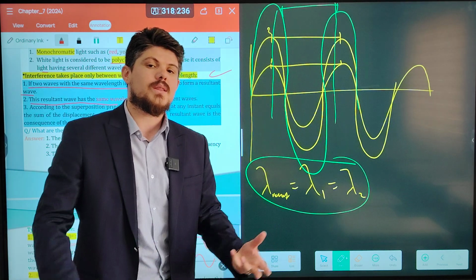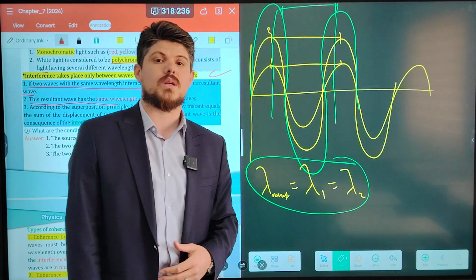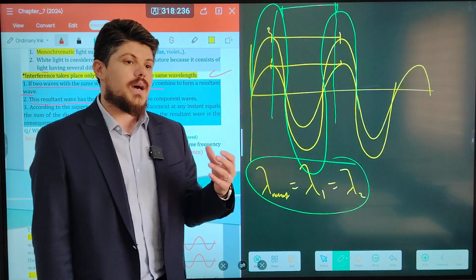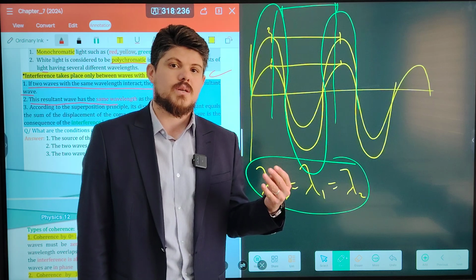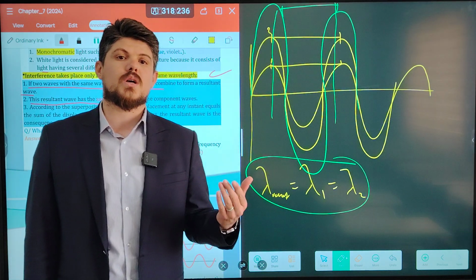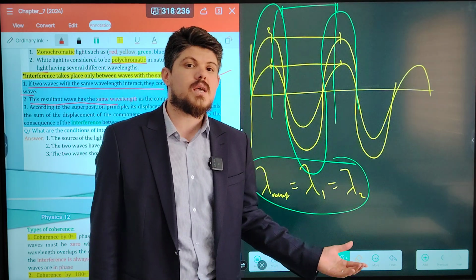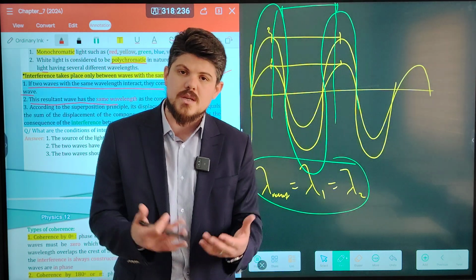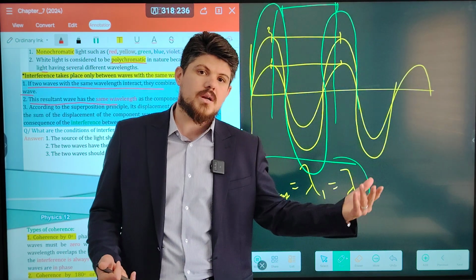If this comes up in an exam, for example: two waves interfere with the same wavelength, which of the following is correct for the resultant wavelength? The resultant wavelength is exactly the same as the two individual wavelengths. Is it possible to say the resultant wavelength is bigger than the individual?